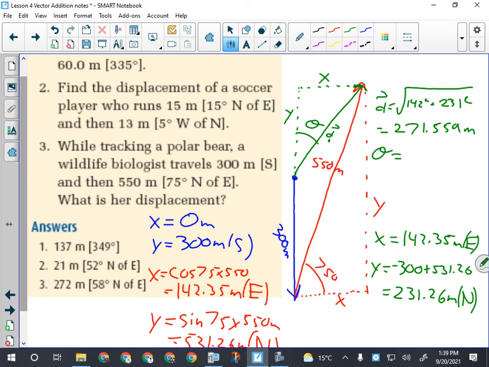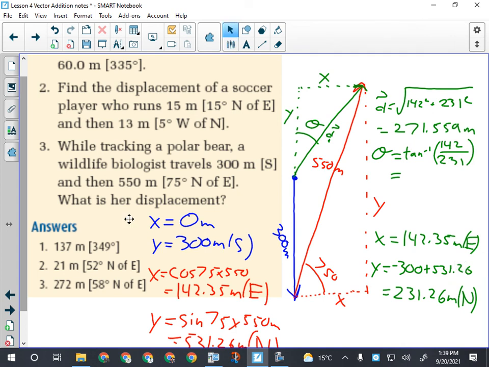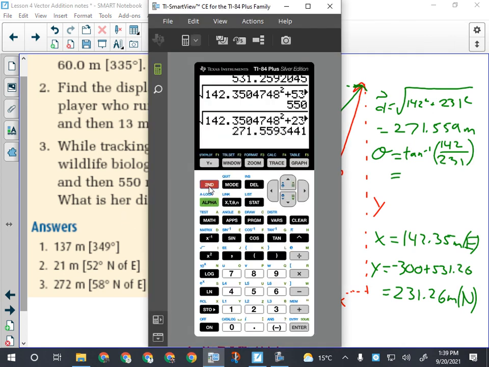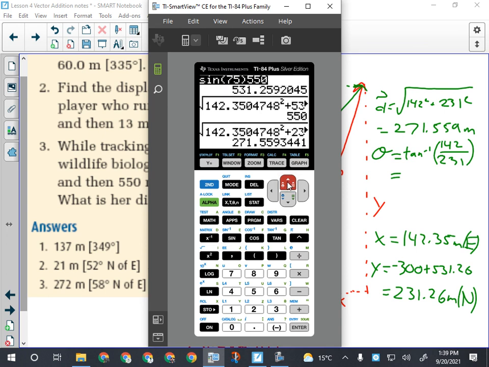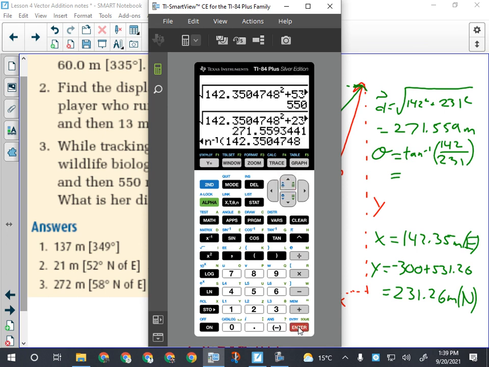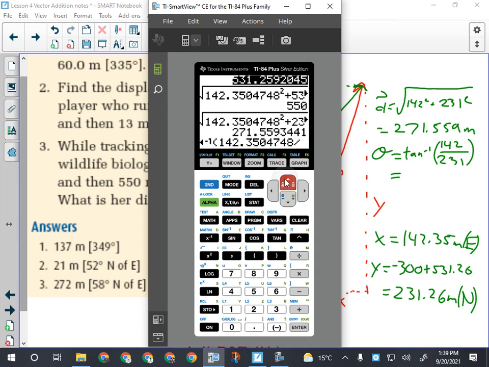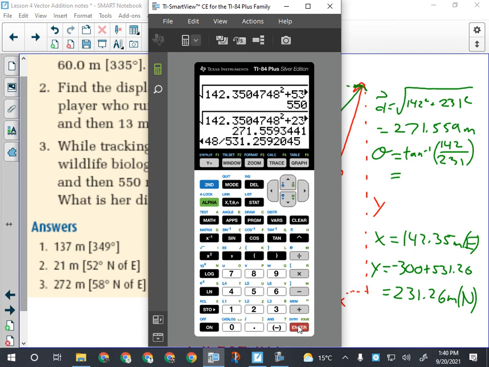Since I know x and y and that side, I can use whatever I want. I'm going to use tan to the -1. The opposite side for me is the x component, which was 142. Okay, and my y component is the adjacent side. That was 231. Don't worry, I'm going to change it.